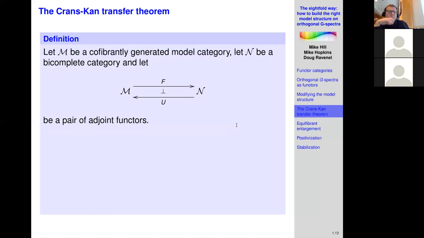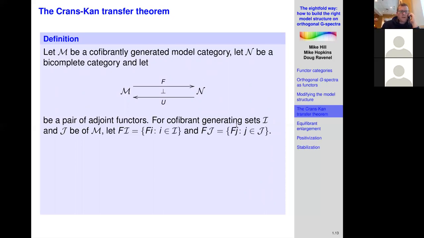And I'm going to define a model structure on N with the help of these functors in a moment. But I want to put some technical conditions on this. There are two of them. M is assumed to be cofibrantly generated, so it has generating sets of cofibrations and acyclic cofibrations, I and J.